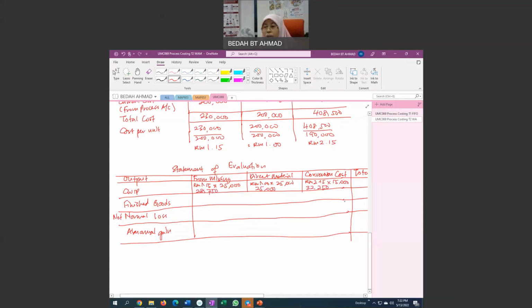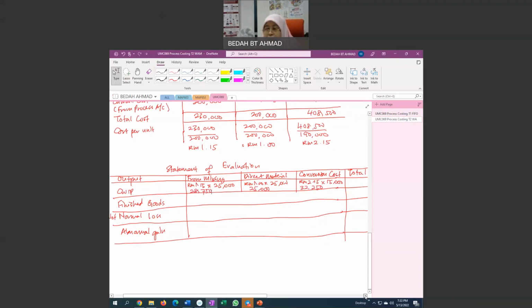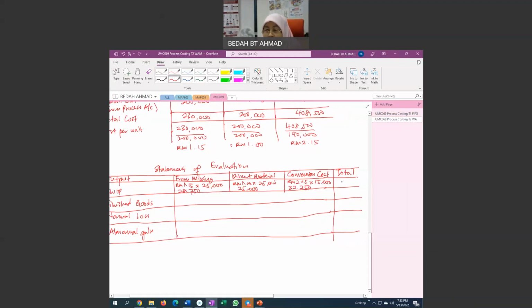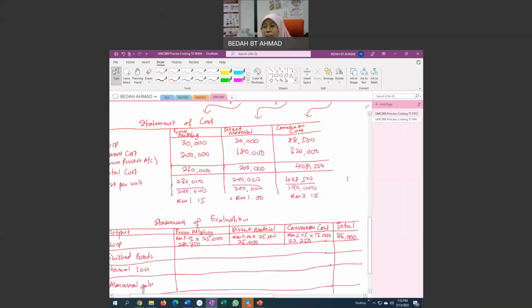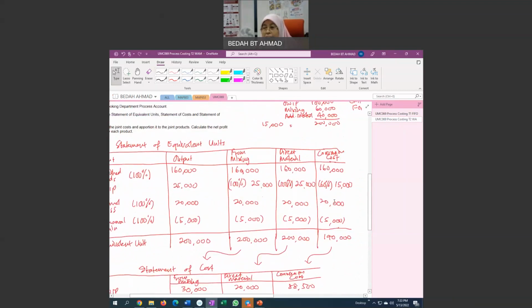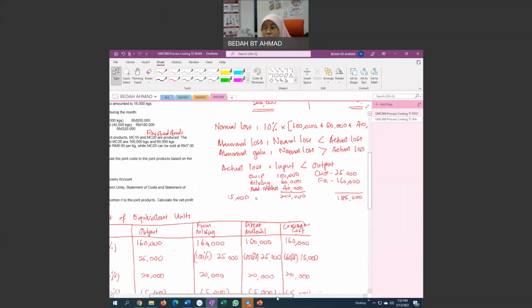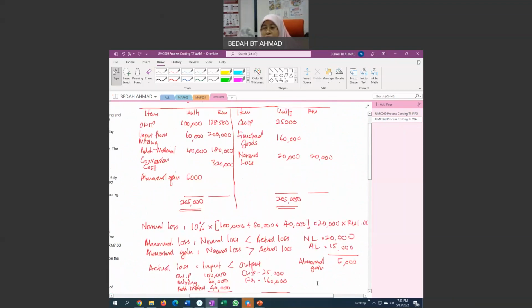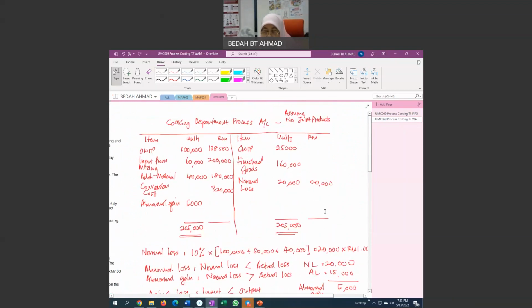That will give you the value of closing work in progress, 86,000. So then you can put it here in the process account just now. So process account, closing work in progress: 86,000.